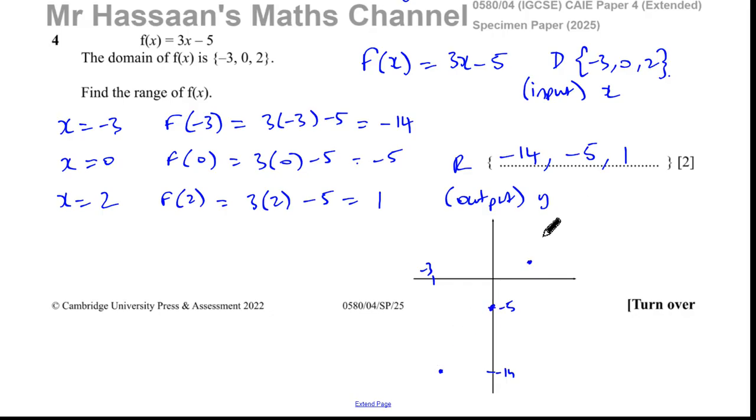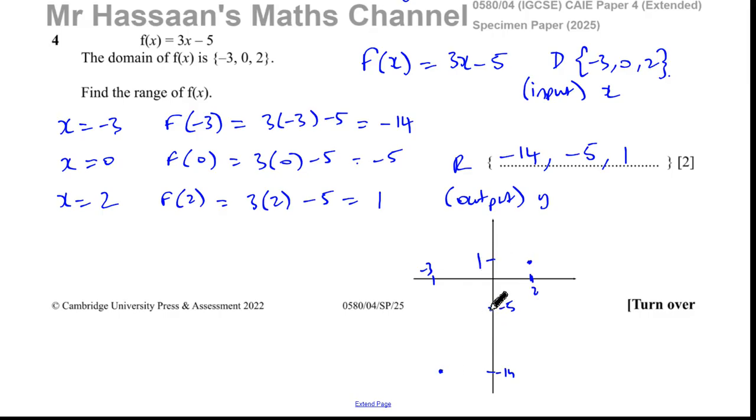When you are showing the domain and the range of these individual elements like this, then you will just have these 3 dots. When x is minus 3, y is negative 14. When x is 0, y is minus 5. When x is 2, y is 1.